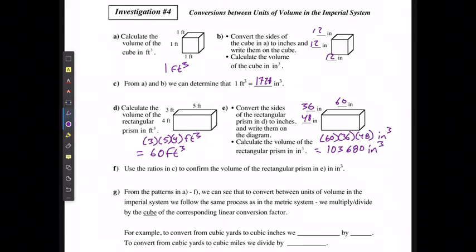If I divide 103,680 by 60, it gives me that same conversion ratio, 1728. So we know that works.